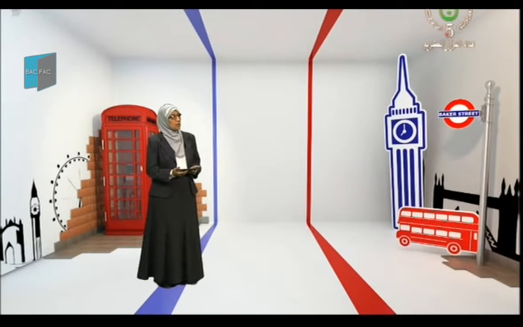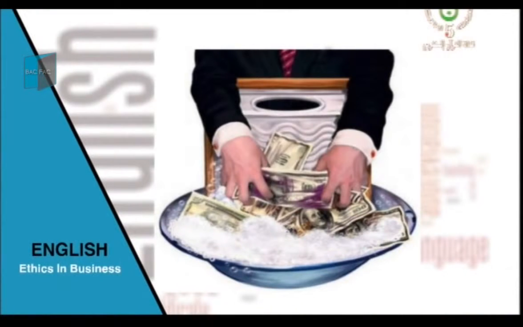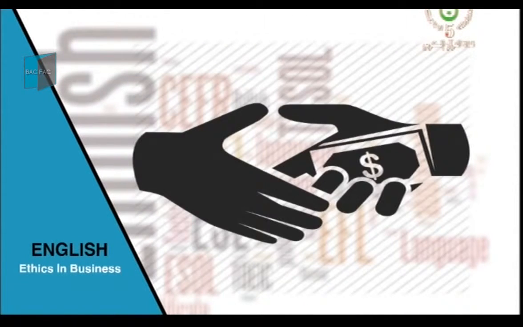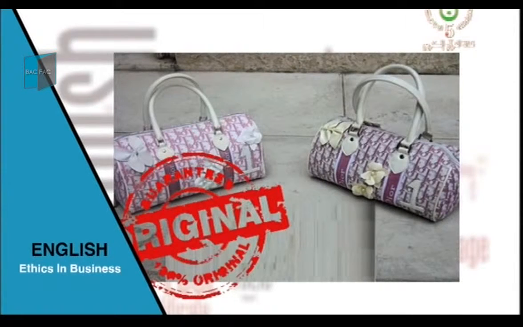The first picture, as you can see, a woman washing money because it's dirty money. Right. The second one, you see 2 persons shaking hands, but in one of the hands, the other man has got some money. Good. You know now what it represents. Another picture represents 2 handbags.